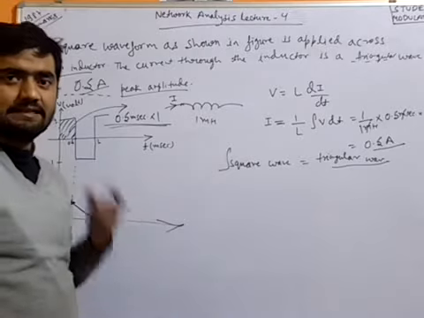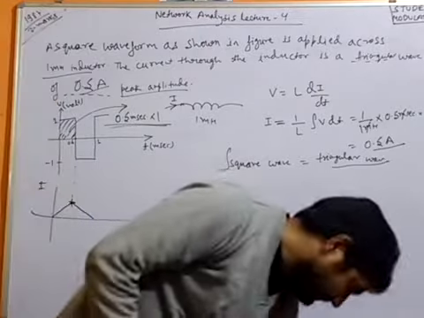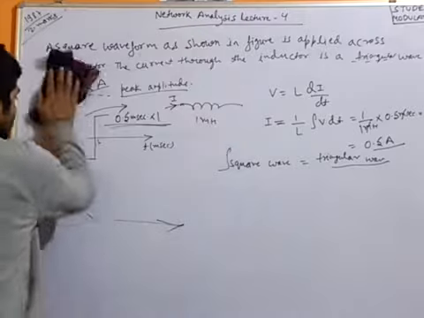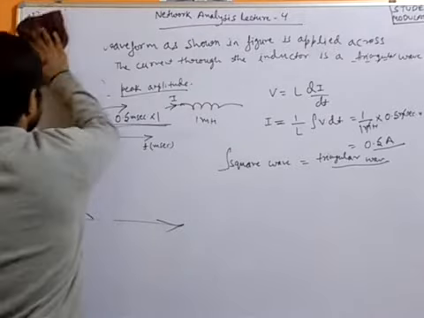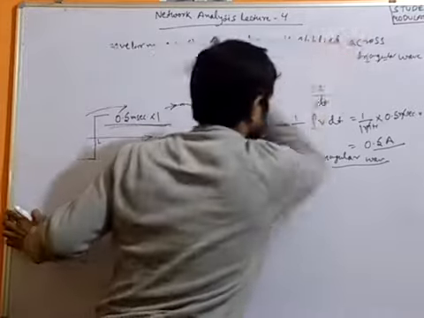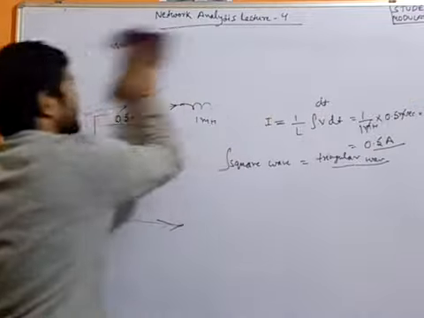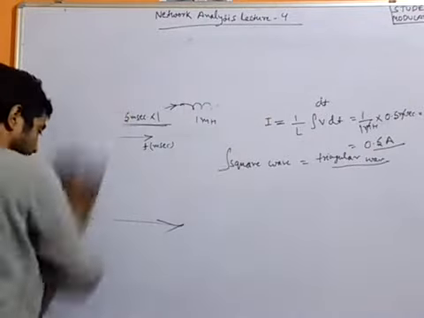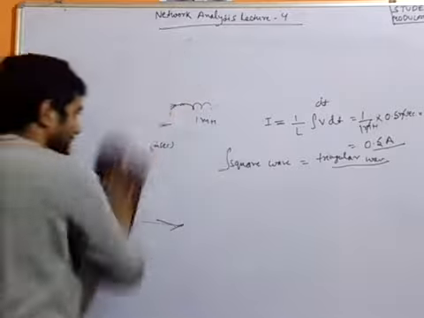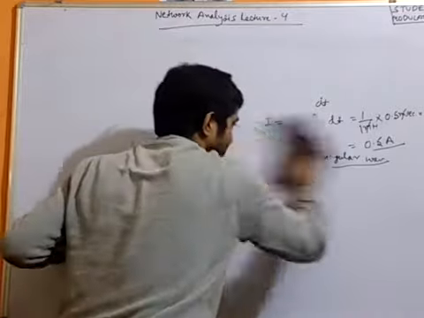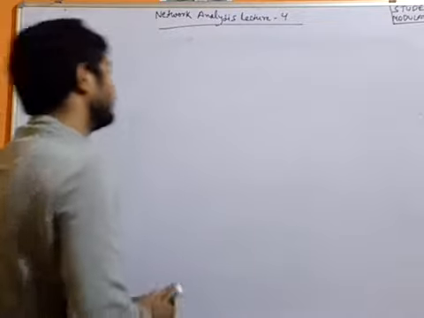Now I am starting the topic of capacitance. About capacitance, we all know that the property of capacitance is to oppose the change in voltage. We learned resistance, then inductance, and now we are learning capacitance.